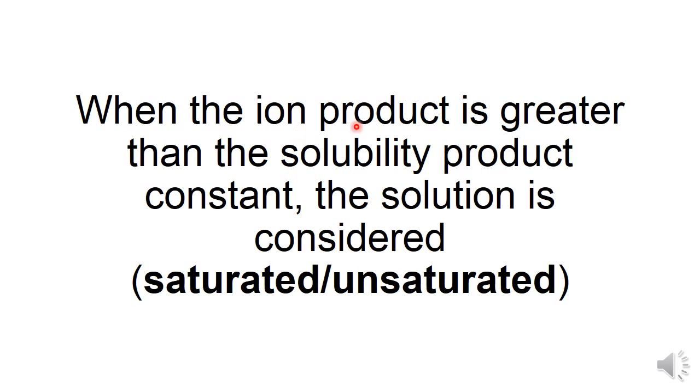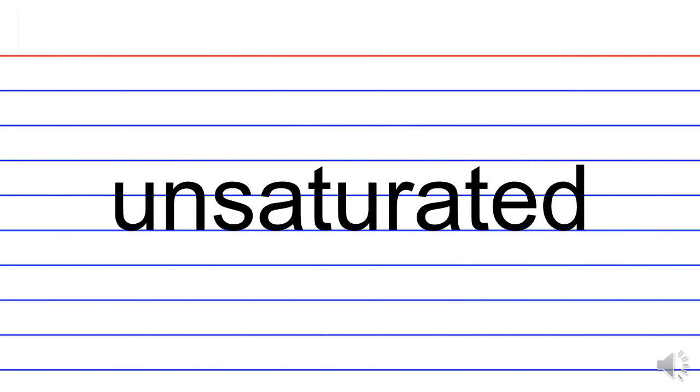That means there's a lot of ions in solution as opposed to solid stuff, which is described by the solubility product. All right, you might have guessed it. It's unsaturated. So if I have a lot of ions floating around in solution, it's not saturated, it's unsaturated. Things are not going to precipitate out.